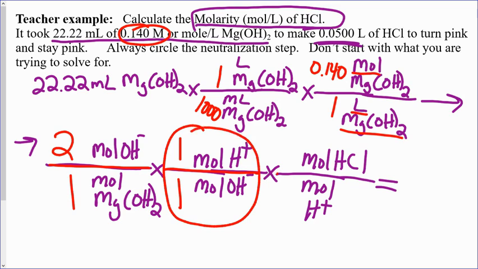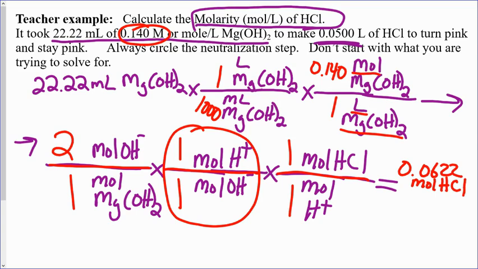And then here I have moles over moles again, so it's wondering how many hydrogens there are for every 1 HCl. I crunch these numbers, and I end up getting an answer of 0.0622 moles of HCl.